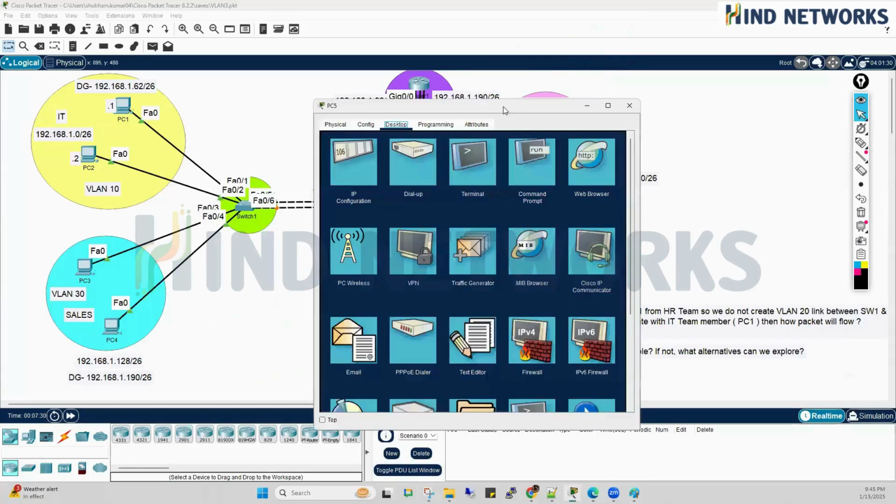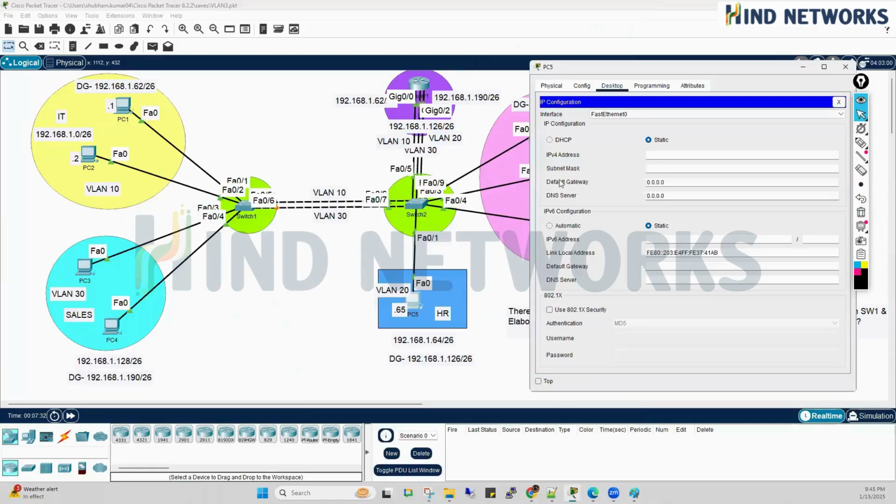Let me configure this IP address. I don't know if everything is configured there or not, but let me check. For example, I am configuring IP address 192.168.1.65.